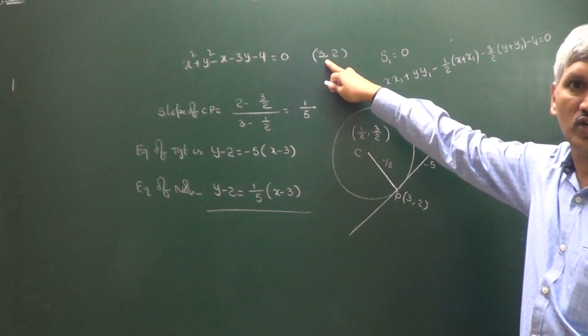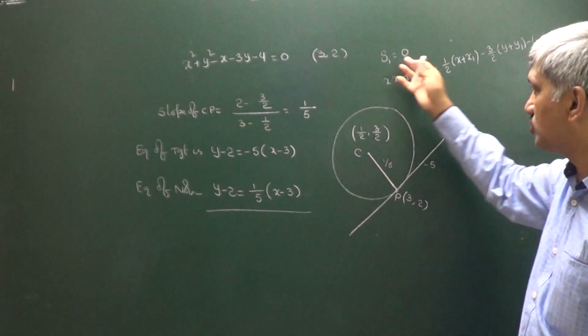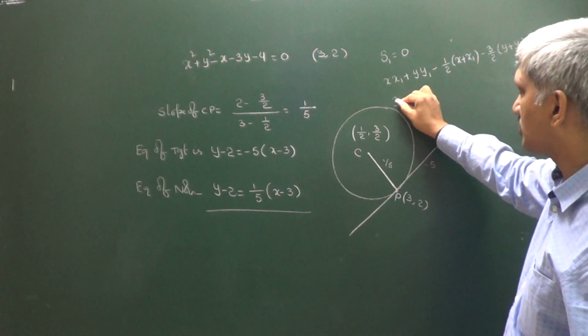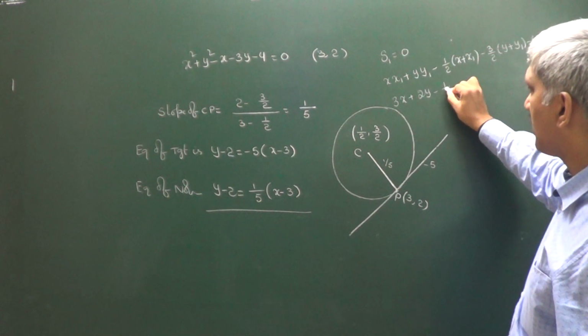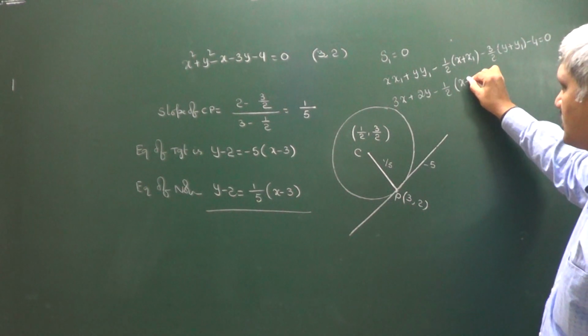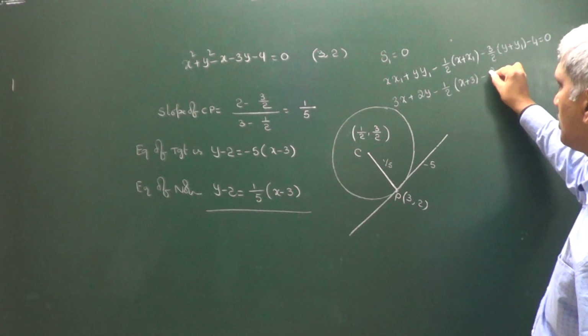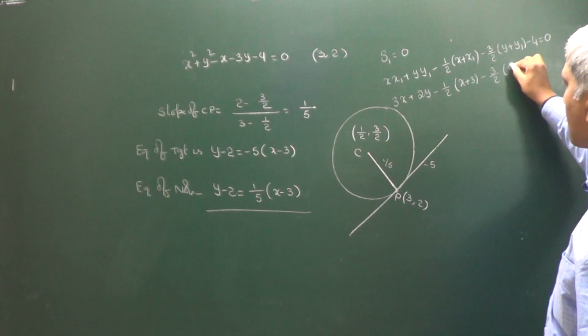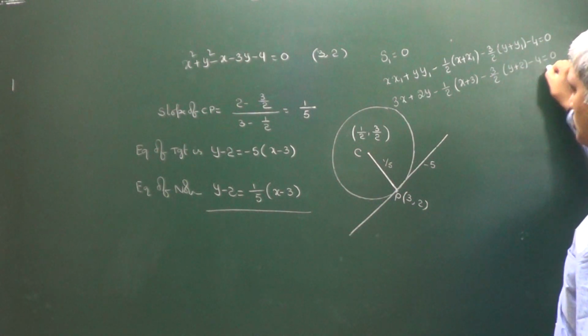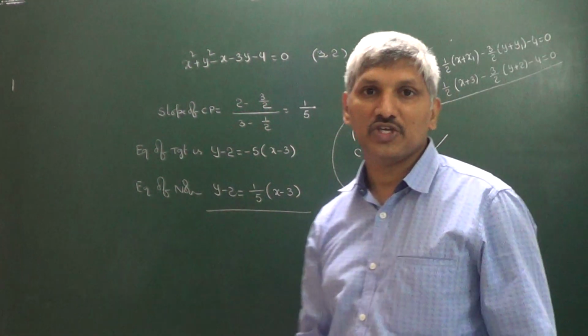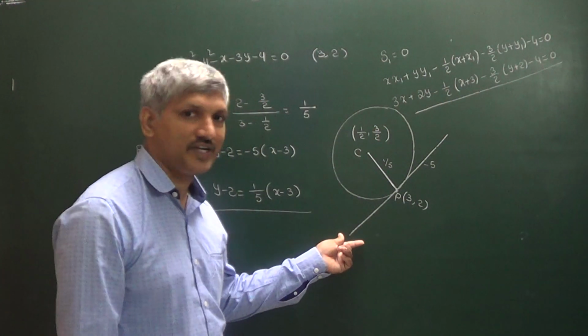Now x1 is equal to 3 and y1 is equal to 2. Substitute there. Then we'll get 3x plus 2y minus 1/2 into (x plus 3) minus 3/2 into (y plus 2) minus 4 is equal to 0. Now on simplification, you will get the equation of tangent.